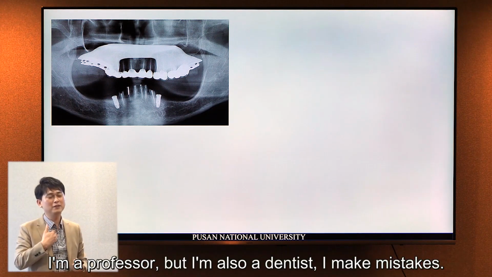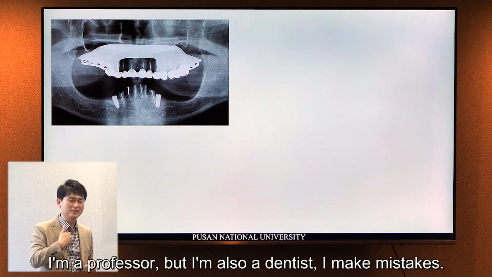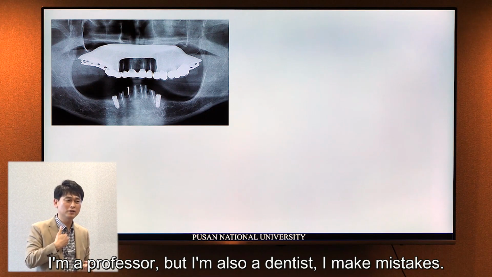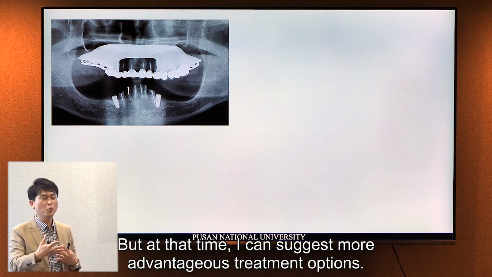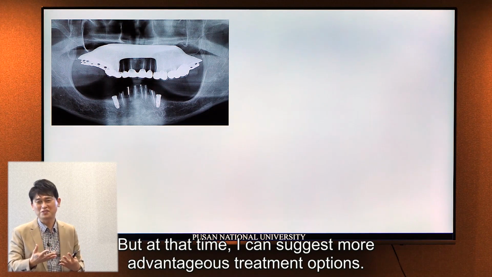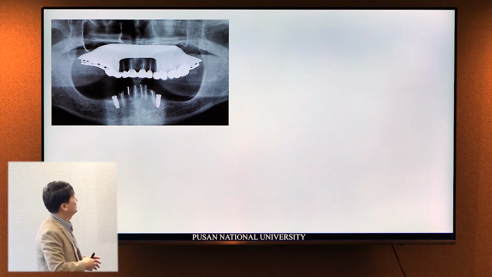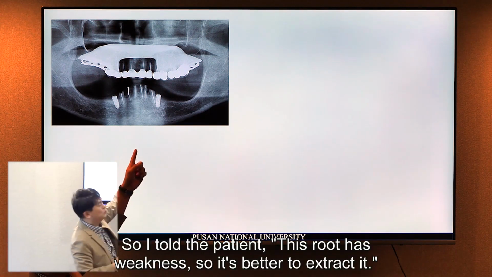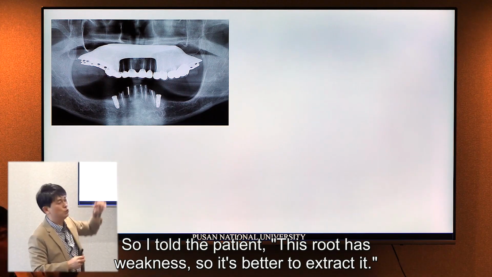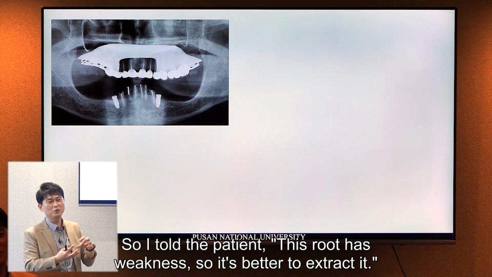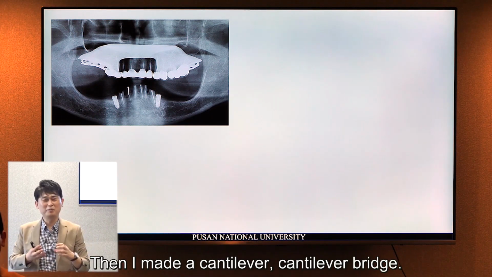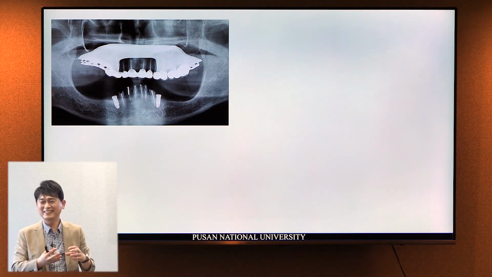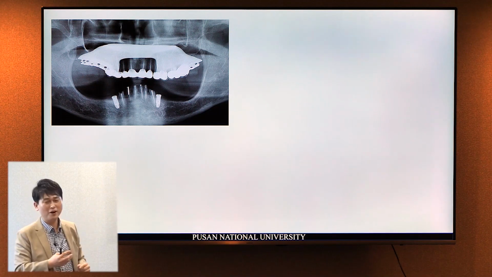I'm a professor, but I'm also a dentist. Yes, I make mistakes, but at that time, I could suggest a more advantageous treatment option. So I said to the patient, this root has a weakness, so it's better to extract. And then I made the cantilever bridge at that time, at this part.